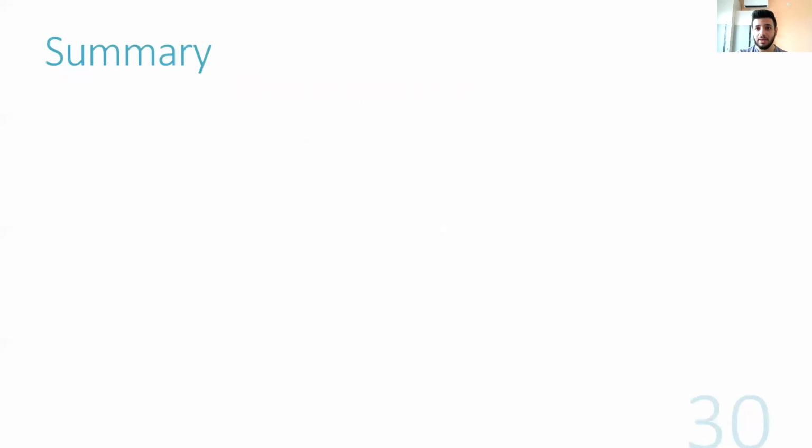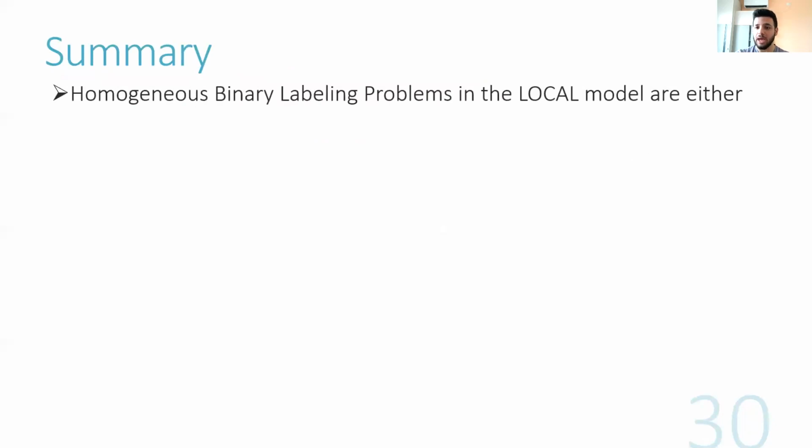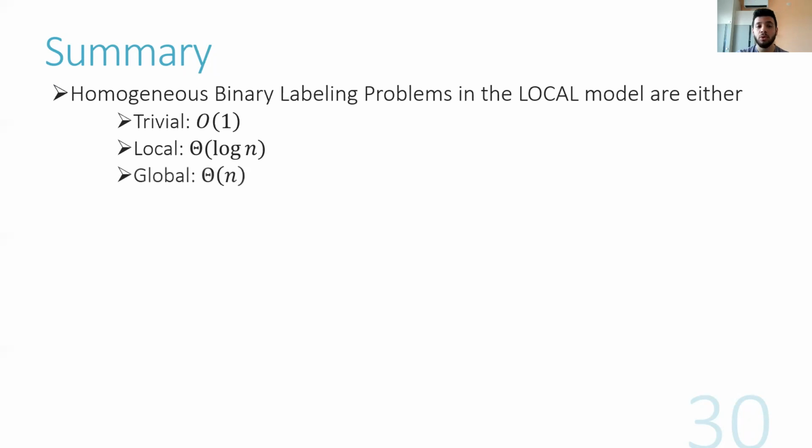So to sum up, I'll repeat our main theorem, and that is that homogeneous binary labeling problems in the local model are either trivial, that is, of 0 rounds, or they have complexity theta of log star n, which we call local, or they are global, that is, they have complexity theta of n, or they are unsolvable.